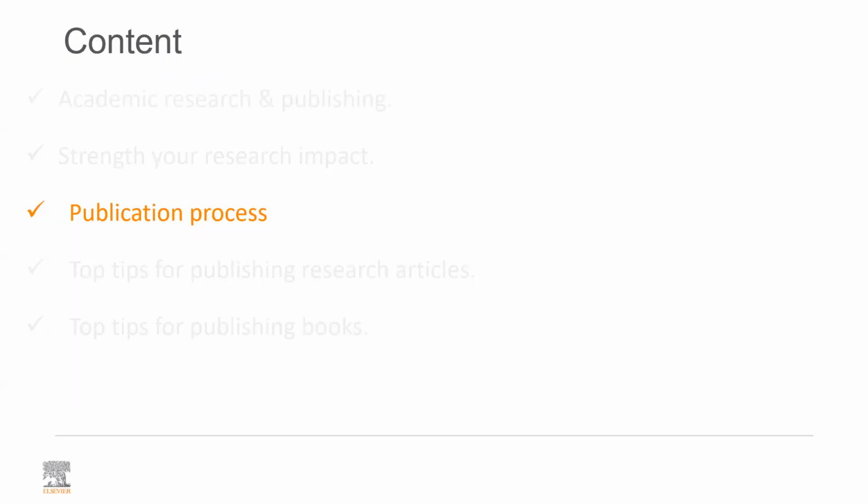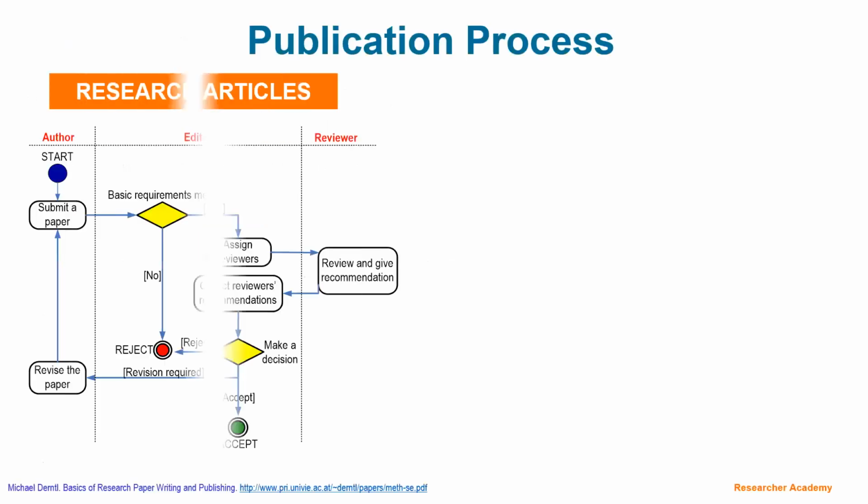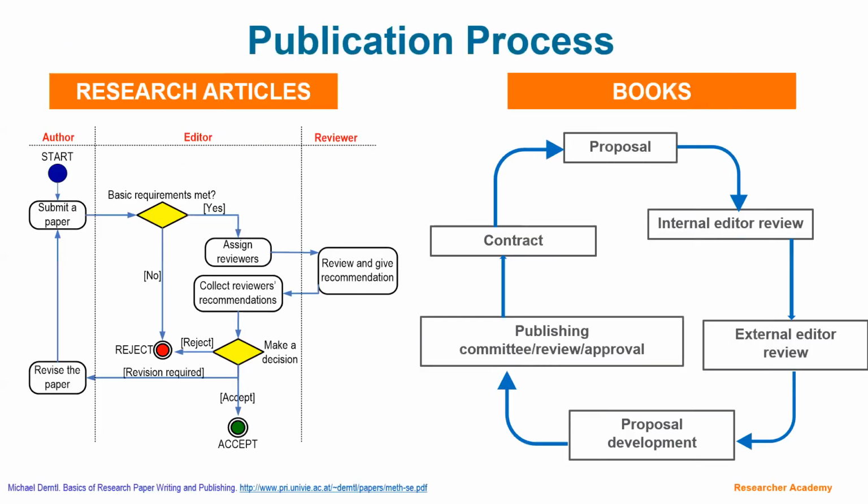And that will lead us to ask about the publication process. So we will present today two kinds of publication process, depending on exactly what you want to publish. As you can see here, this is the research article publication process.